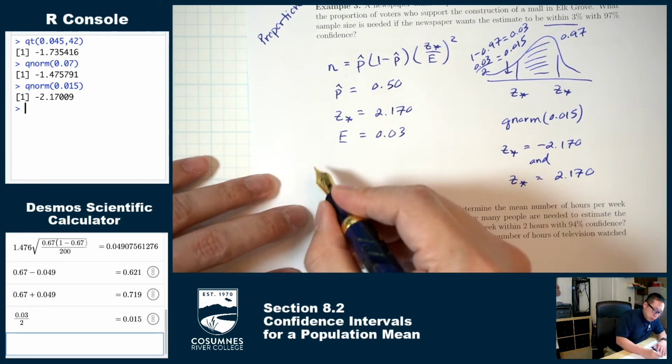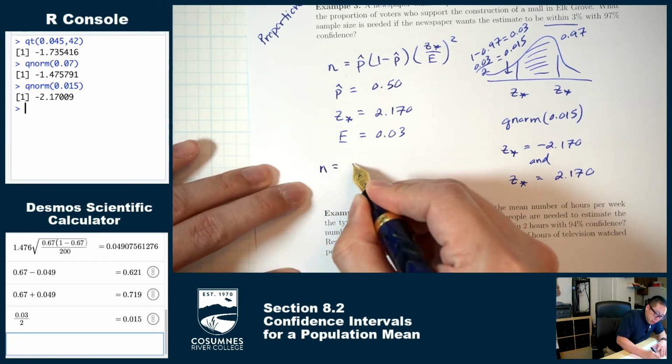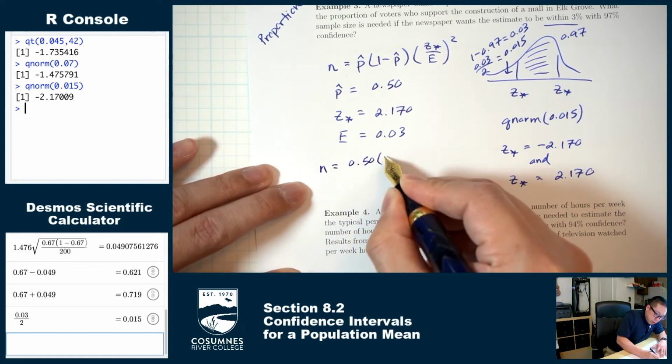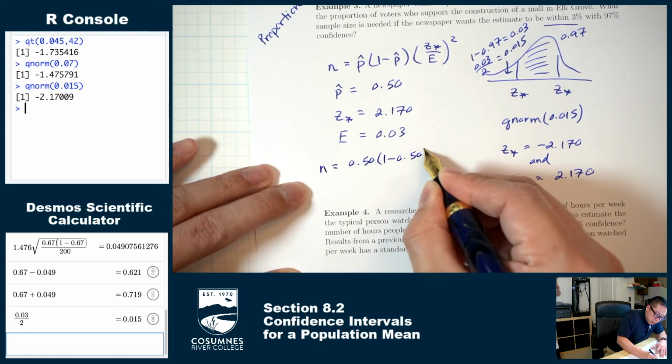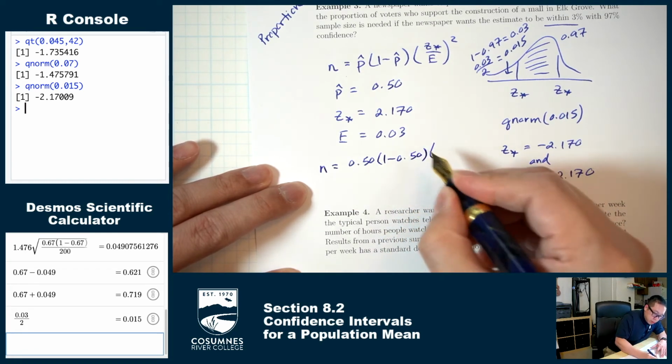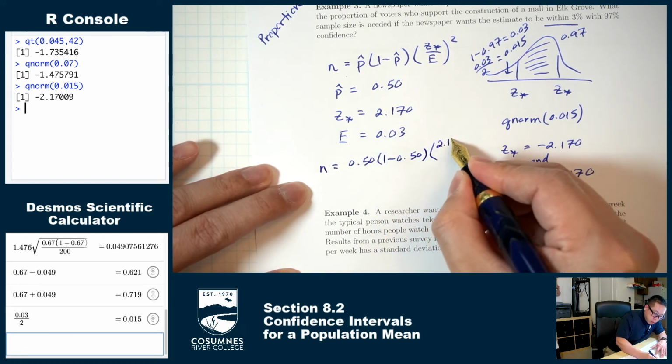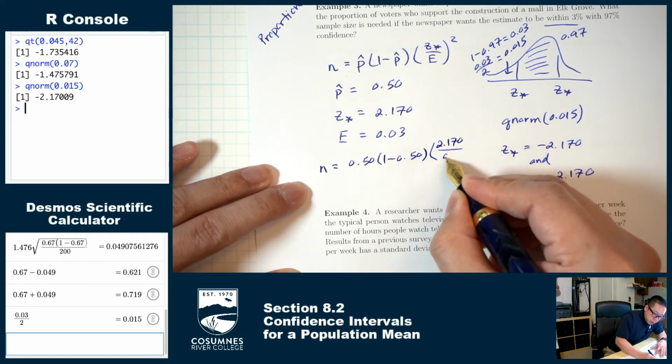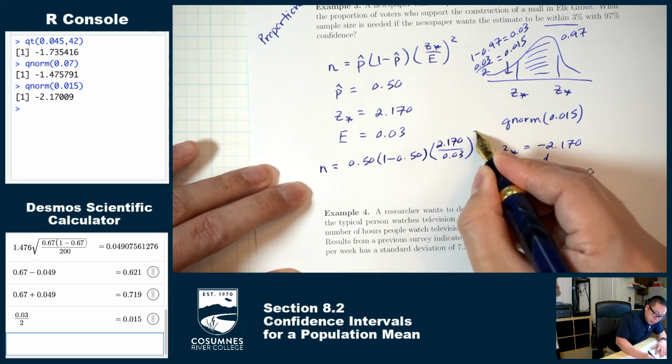And so we're going to be doing 0.50 times 1 minus 0.50, times z star 2.170 over e, 0.03, squared. Don't forget the square.